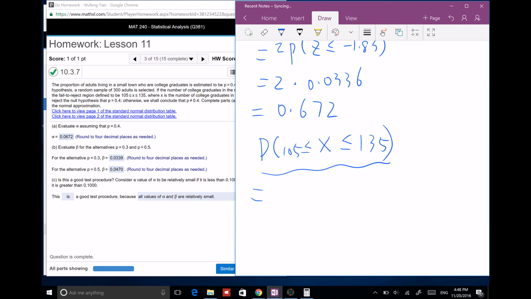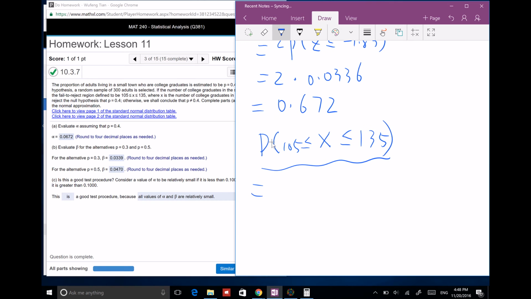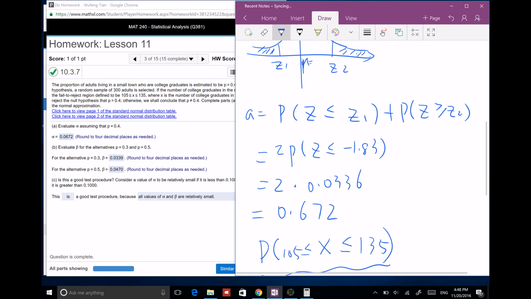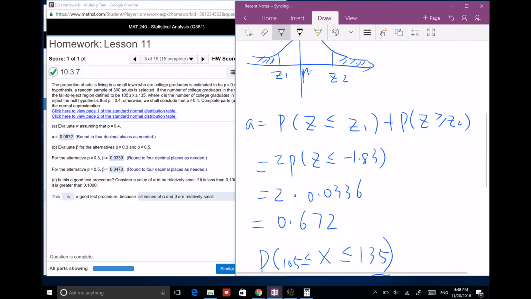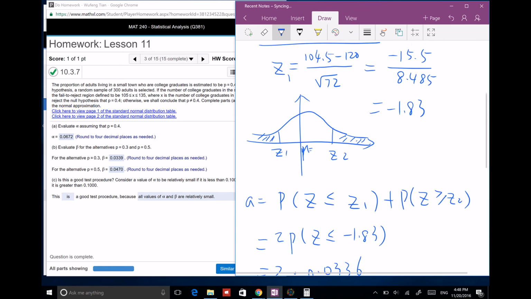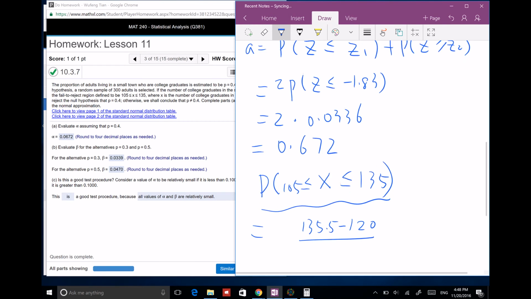So for 135.5 minus the mu, over the square root, which is 8.485.